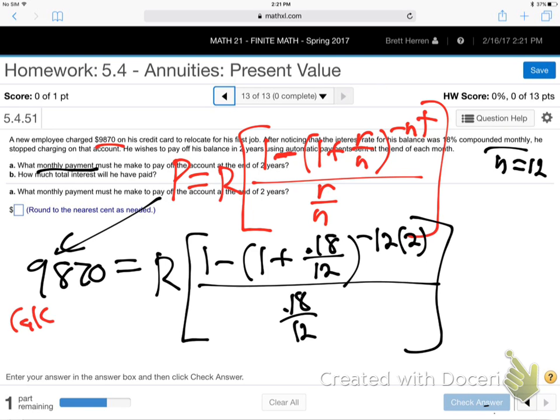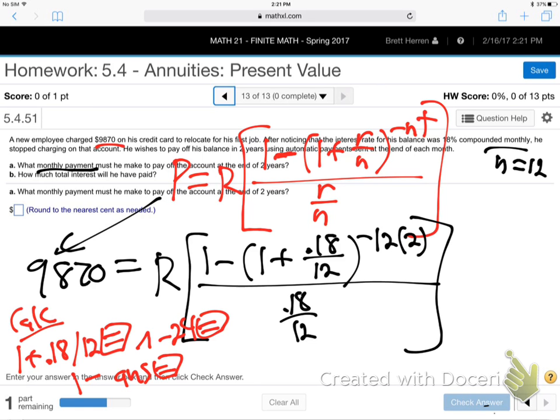So on the calculator, we'll take 1 plus 0.18 over 12, equals, to the power minus 24, equals, 1 minus answer, equals, divided by, oh no, times.